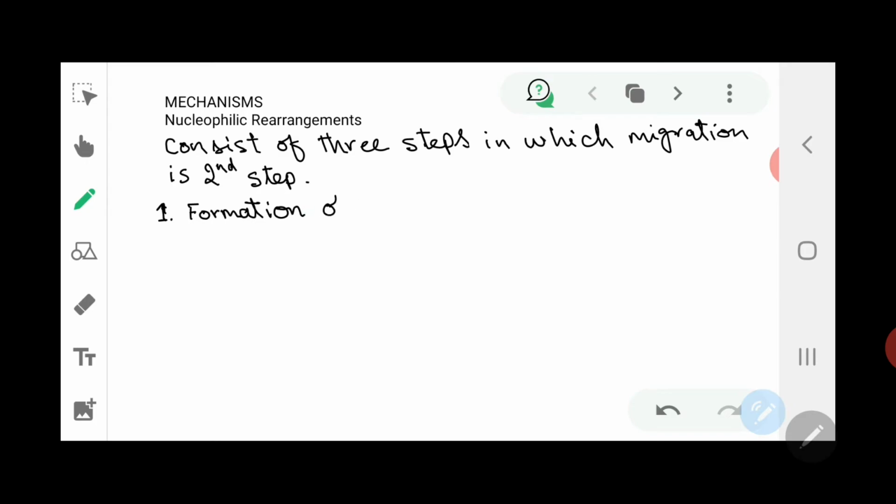In case of nucleophilic rearrangement, the first step is formation of an open sextet system at migration terminus.